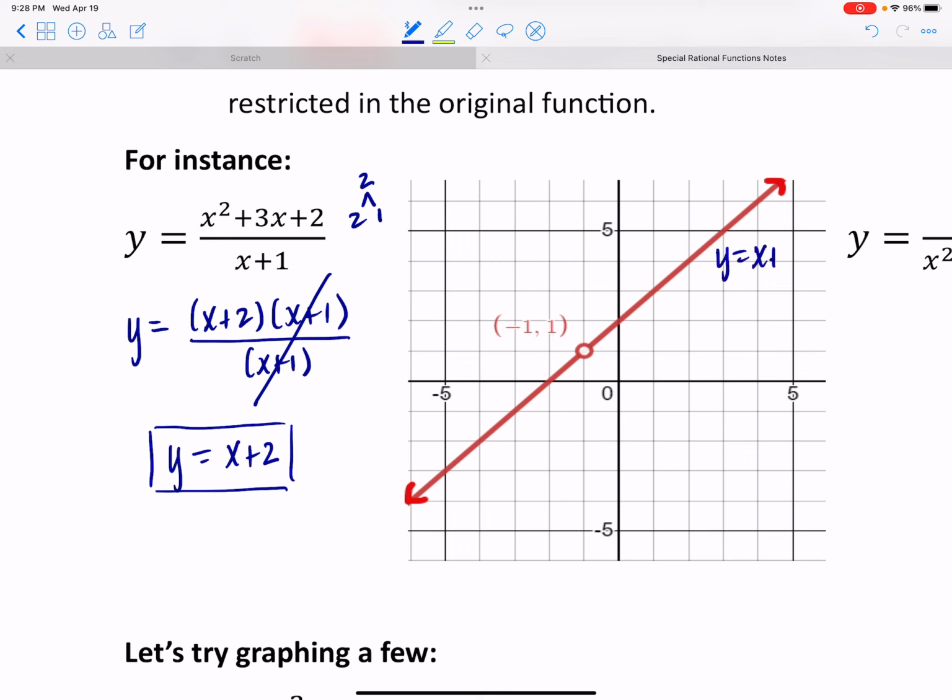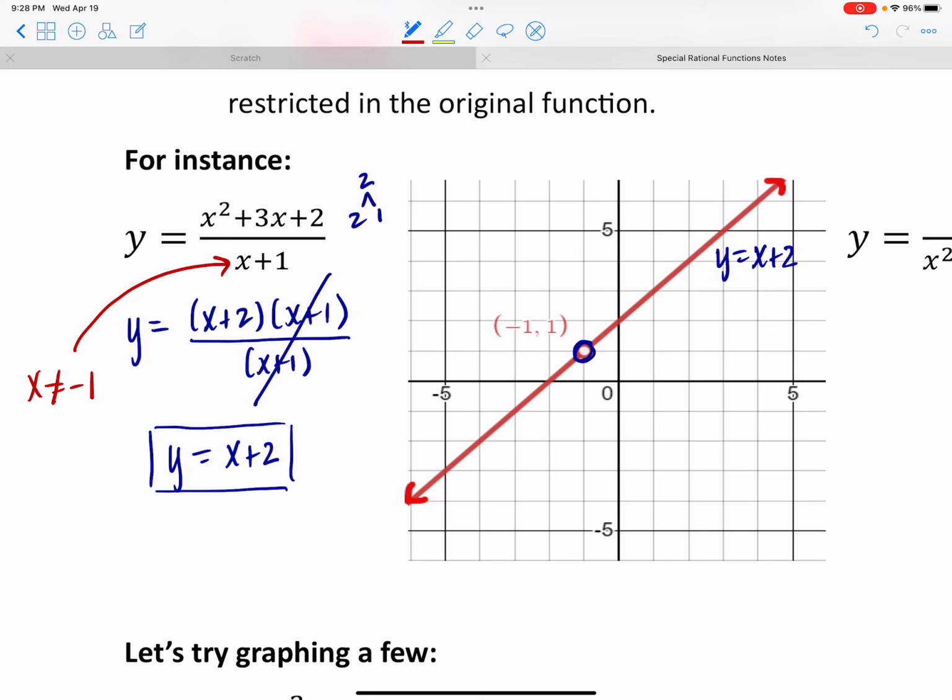But notice, I have a hole in my graph. So instead of having a vertical asymptote at x equals -1, that's the restriction. X cannot equal -1. There should have been a vertical asymptote there, but because it simplifies out of the function, it doesn't create that vertical asymptote anymore.